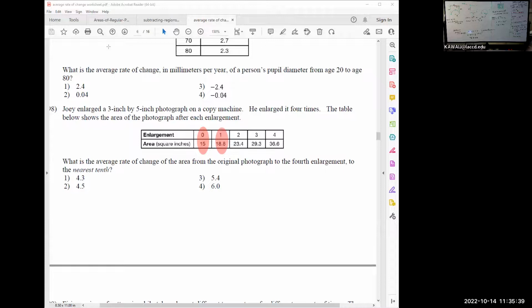One way you can check yourself is that the area of a 3x5 photograph is going to be 3 times 5, so 3 times 5 is equal to 15. So we're going to start with this one right here, and then we're going to end at that one.